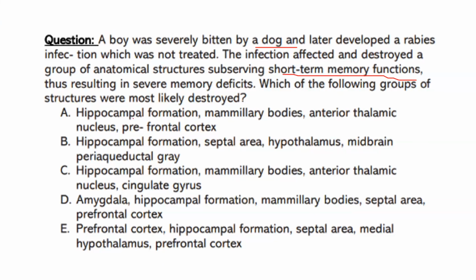Basically what they're looking for here is the Papez circuit. They want you to identify the Papez circuit, and so in this case, the answer is going to be C: the hippocampal formation, mammillary body, anterior thalamic nucleus, and cingulate gyrus.